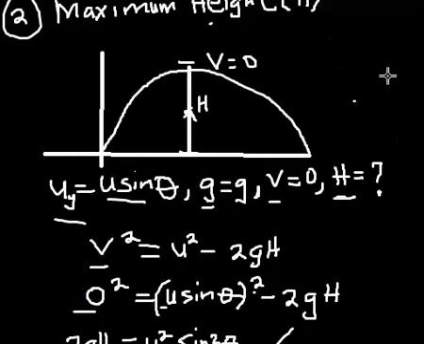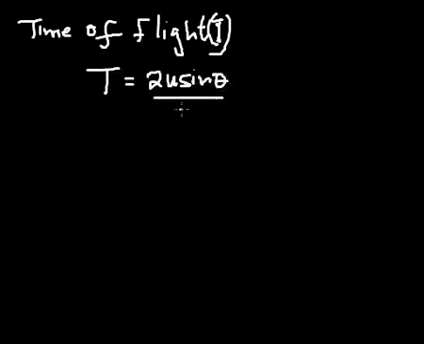Okay, I hope you're with me. So I will just write them down. The first is the time of flight, capital T, which we know is 2u sine theta all over g.